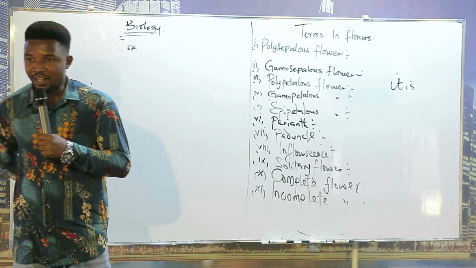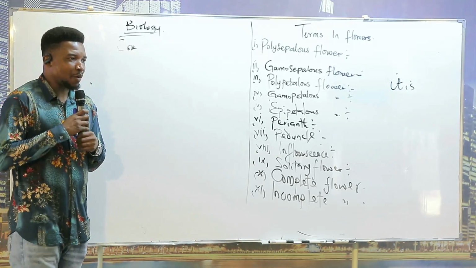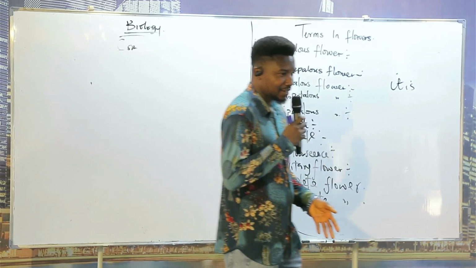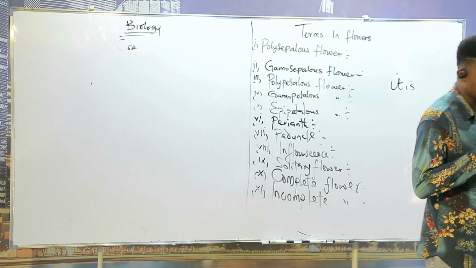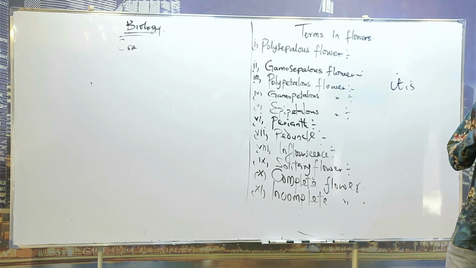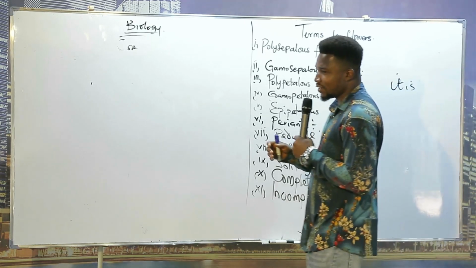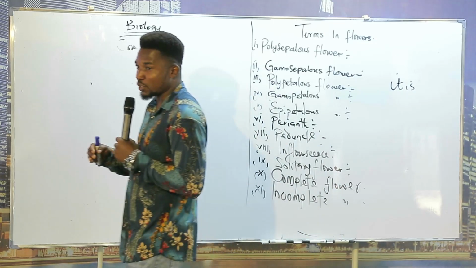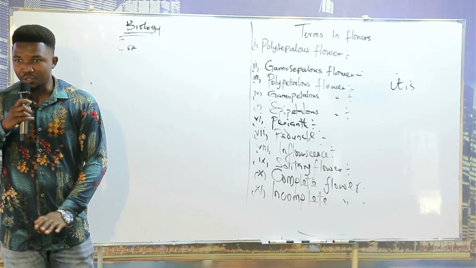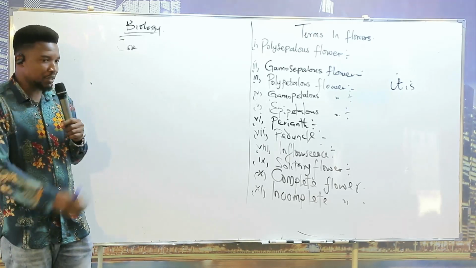Missing. Do you understand? So let me say that the flower has 3 parts, but there is no male part. You can say that that flower is what? Incomplete. Let's say that it is a male flower. That means the female part of the flower is what? Missing. You can still call it what? Incomplete flower.